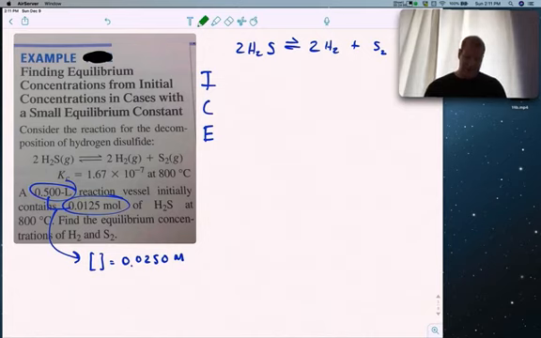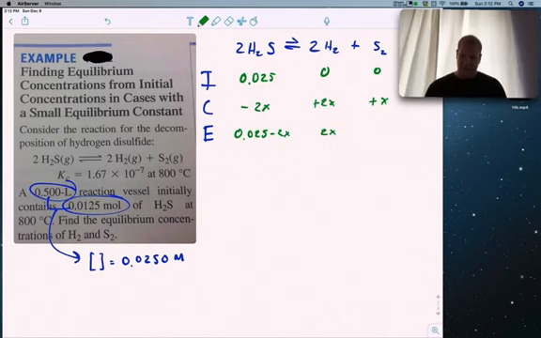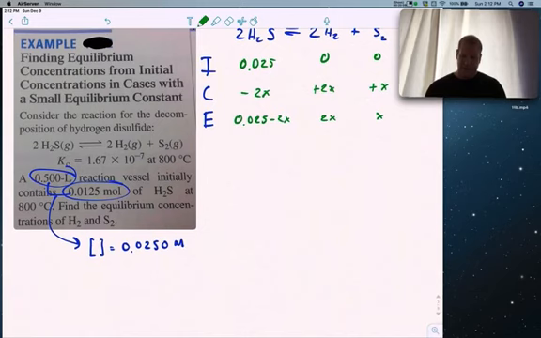So let's go ahead and do this. Initial, change, equilibrium. The initial condition is 0.025 molar. This is 0, this is 0. So the change, we are losing 2x, we are gaining 2x of this, and we are gaining x of this. Equilibrium: 0.025 minus 2x, 2x, and x.